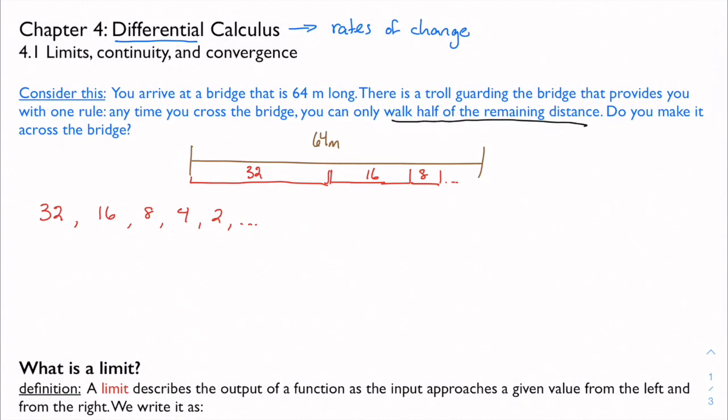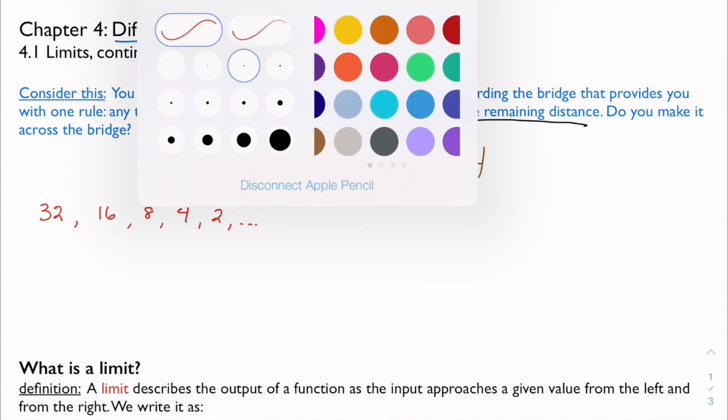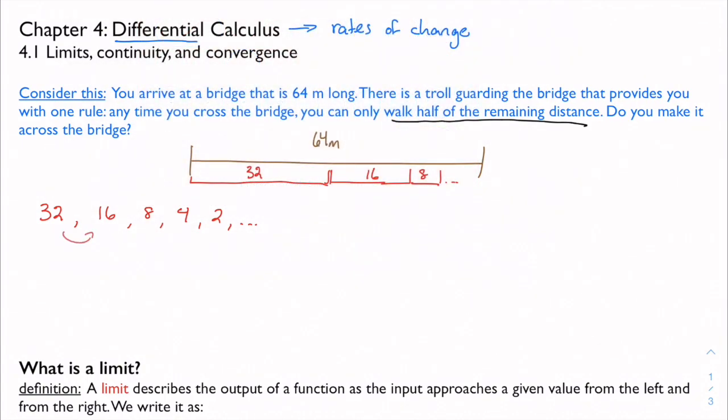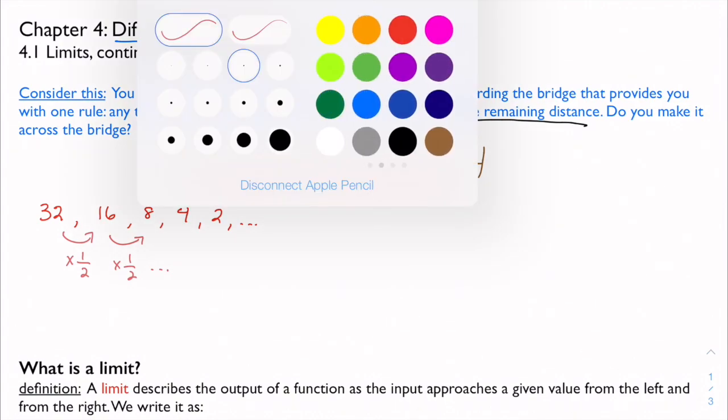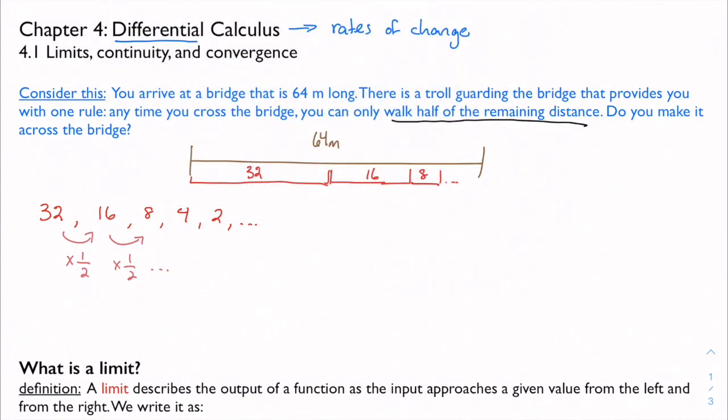And you can already see that this starts to form a geometric sequence whose common ratio is not 2, whose common ratio is 1/2. And so I can actually model this problem using a sequence.